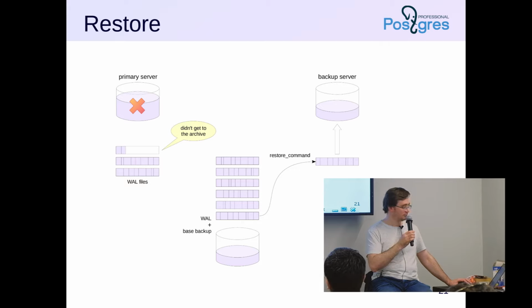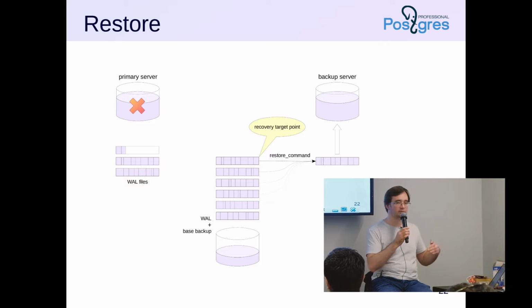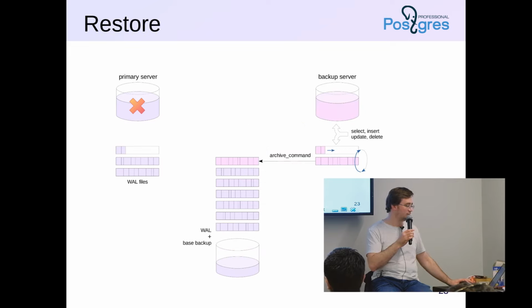It will read WAL segments from the archive one by one, and when it reaches the recovery target point, it stops recovery and becomes a new functional server.